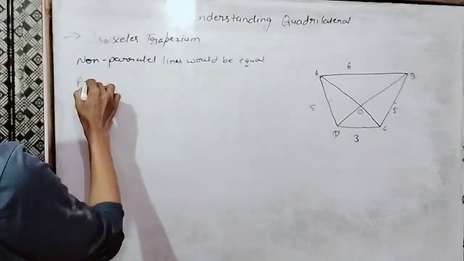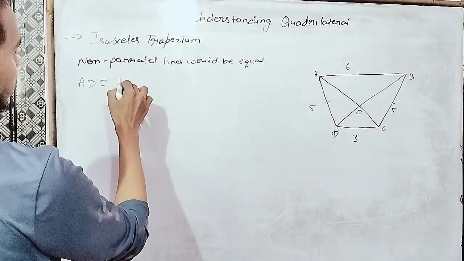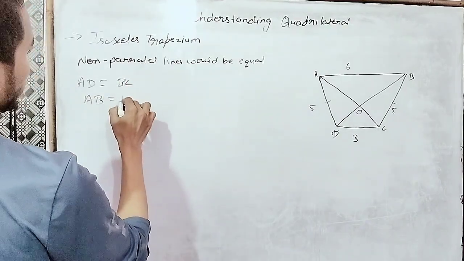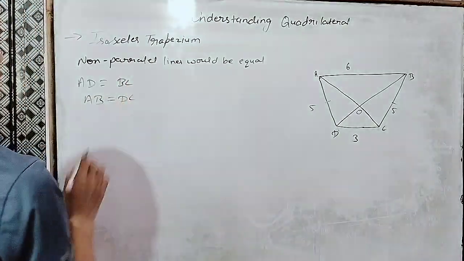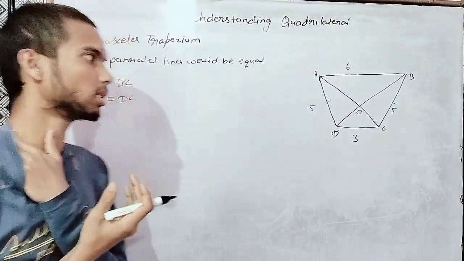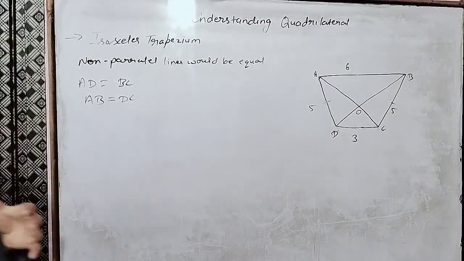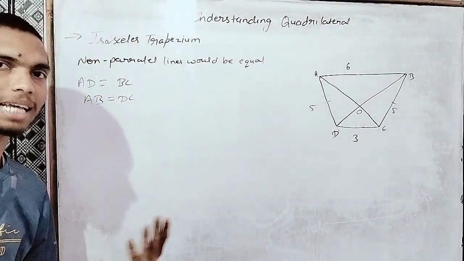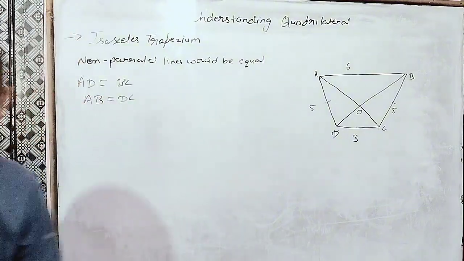So here we can write AD is equal to BC, but AB is not equal to BC. Clear? This is the main specialty of isosceles trapezium. Isosceles means two line segments are equal to each other.